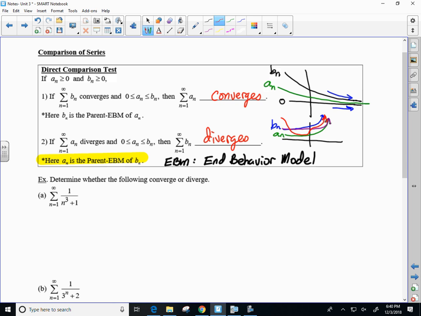So we need a couple of things here when they ask us to determine whether it converges or diverges. Well, we need another function because they're giving us something, we need to come up with the something else, all right? So they're giving us the a sub n. I need b sub n.